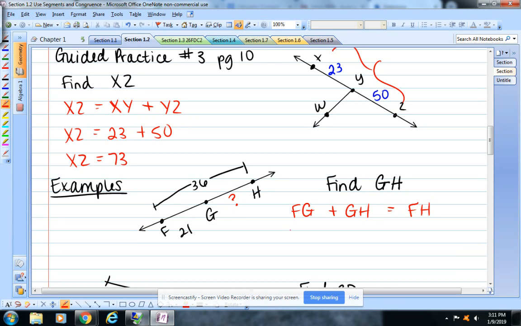The length of FG is 21 units. GH is the one we don't know, so I'm going to leave it as GH. And the length of the whole segment, FH, is 36 units. So to solve for GH, I would subtract 21 from 36. The length of GH is going to be 36 minus 21, which is 15 units.